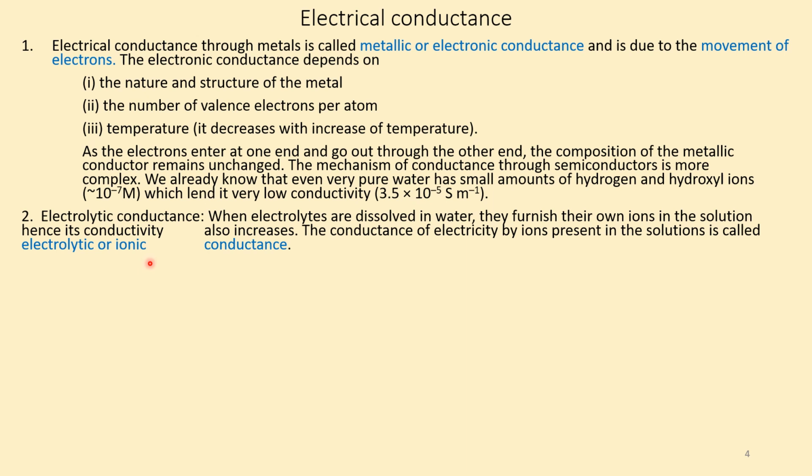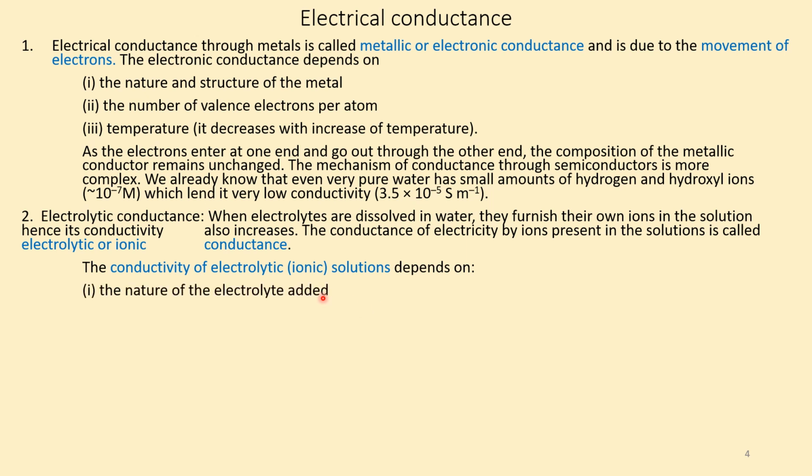So in the case of metallic conductance, it was through movement of electrons, whereas in the case of electrolytic conductance, it is due to movement of ionic particles, ionic or electrolytic conductance. The conductivity of electrolytic ionic solution depends on the following factors. Number one, the nature of electrolyte added.